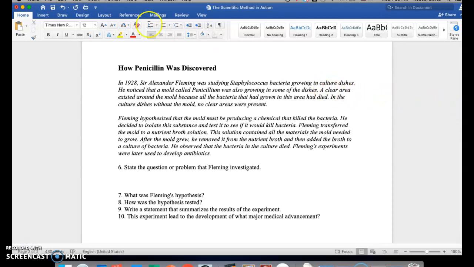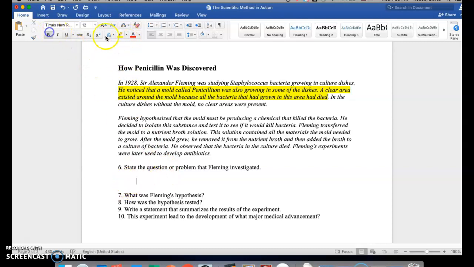If you remember when I read through this and you read through it, he noticed that in those areas where the mold was, the bacteria had died. That was what he had noticed. So, what do you think the question was?